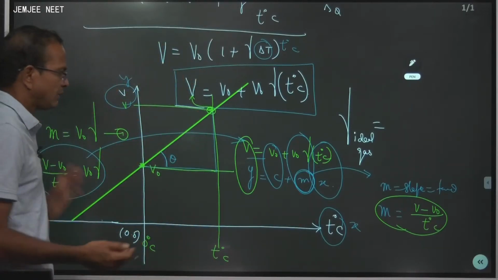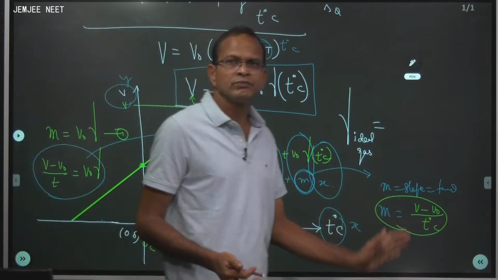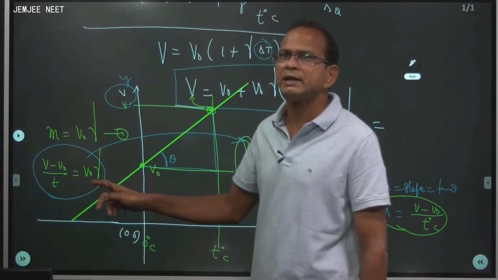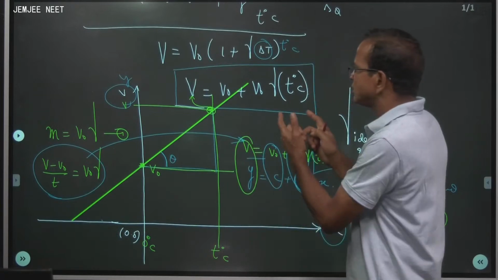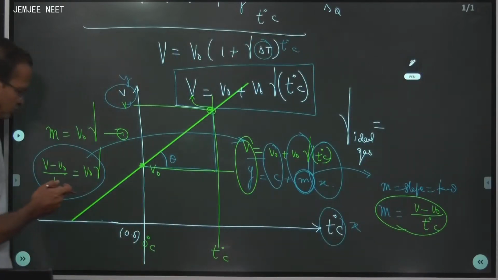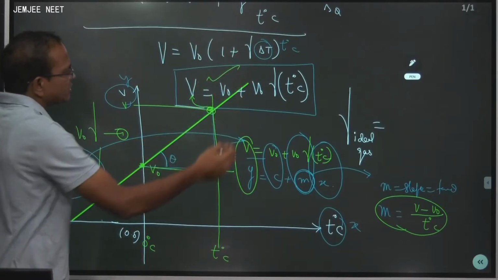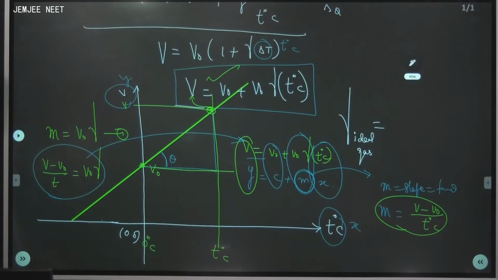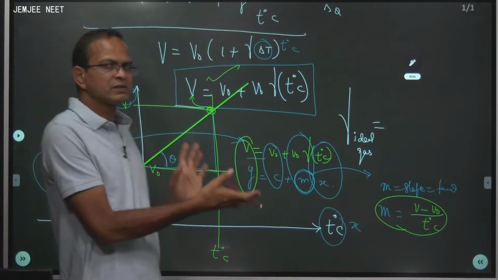Once you calculate m and substitute here, it takes you back to the original equation where we started. If you cross multiply this and put this V naught the other side, you get the same equation. Am I right? Yes. There is no use of this long discussion.